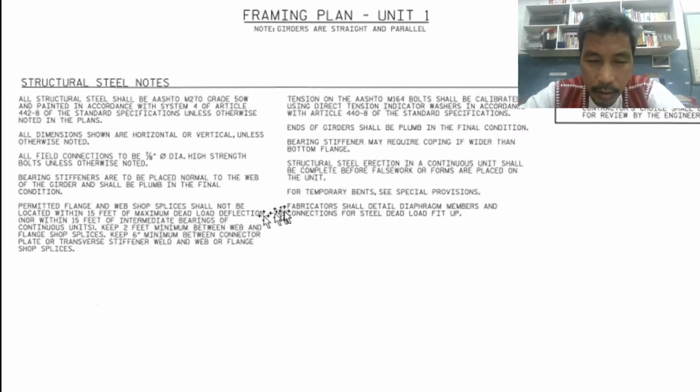So it must not be located within 15 feet. Meaning, it could be placed exactly 15 feet or more. So that is for flange and web shop splices. Flange, we cannot splice.